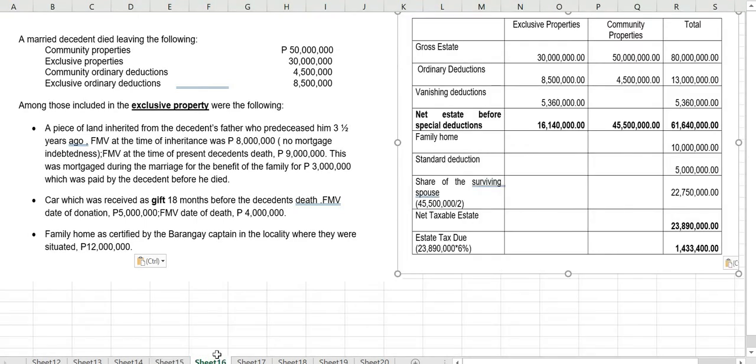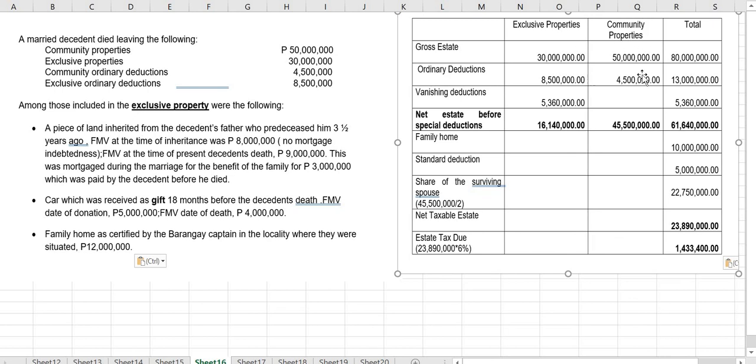So, let's compute now for the net taxable estate. You have a gross estate of 80 million, which comprises the exclusive property of 30 million and community property of 50 million. Then you have ordinary deductions of 8.5, so you deduct it from the exclusive property.